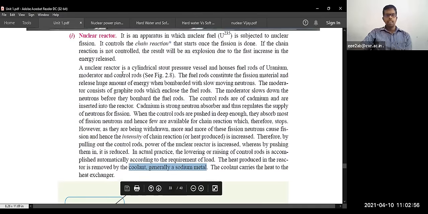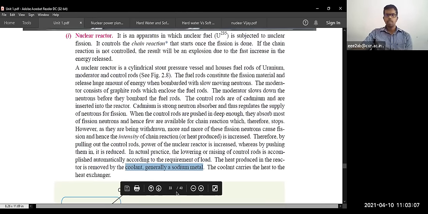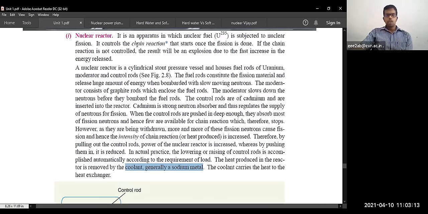Okay. If you see here, this is already known. A nuclear reactor is an apparatus in which uranium-235 nuclear fuel is subjected to a nuclear fission reaction. It controls the chain reaction that starts once the fission is done.